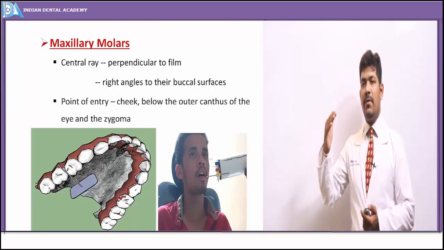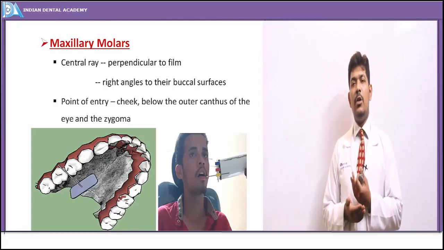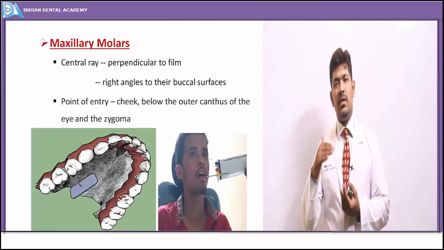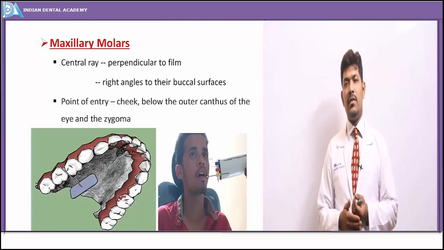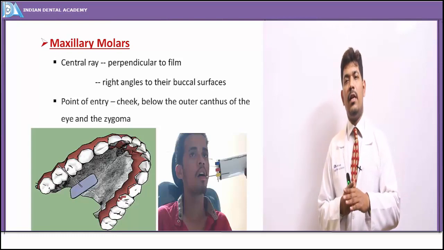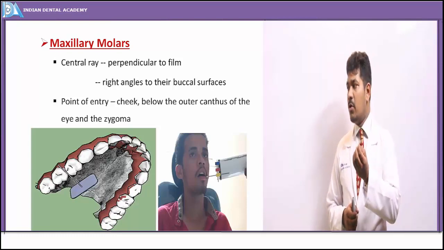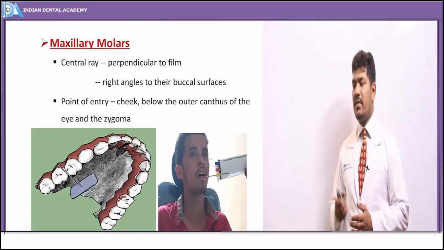If we take the curve of the maxillary arch, we have to pass a tangent which goes along the buccal surfaces of the first and the second molars. Now this particular plane has to be perpendicular to your central ray. That would be your initial most important consideration while taking an IOPA for maxillary molars.